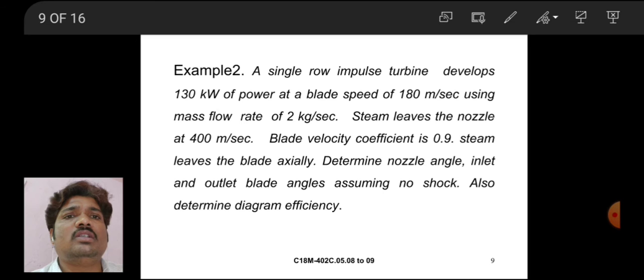Steam leaves the nozzle at 400 meters per second. Blade velocity coefficient is 0.9. Steam leaves the blade axially. Determine the nozzle angle, inlet and outlet blade angles assuming no shock. Also determine the diagram efficiency.